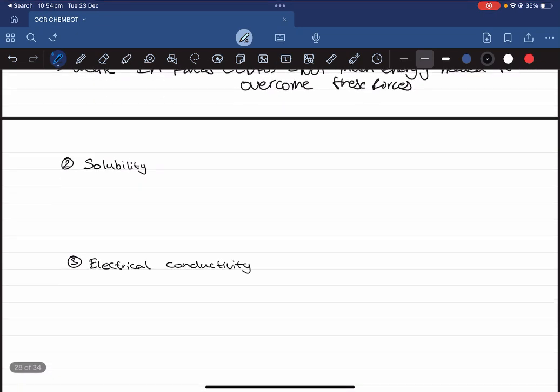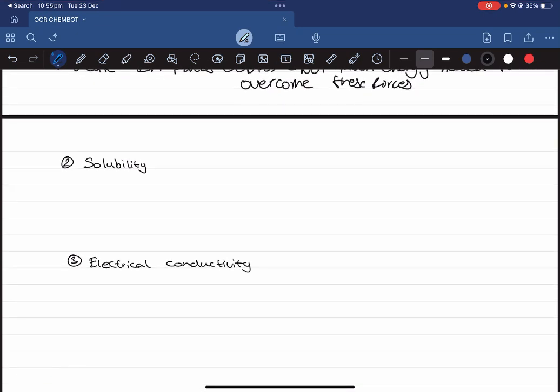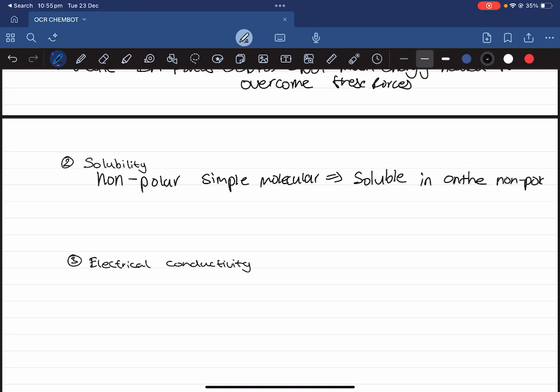Now, solubility. When you're talking about simple molecular substances, they can be polar and they can be nonpolar as well. Now, when you have nonpolar simple molecular substances, these are soluble in other non-polar simple molecular substances.